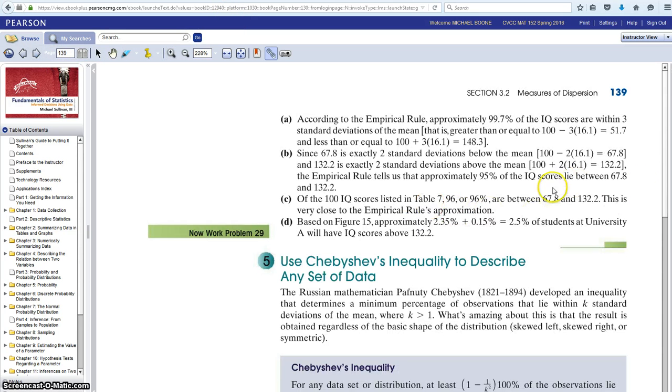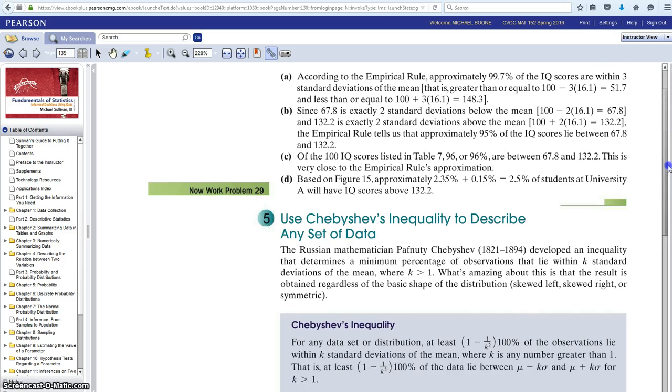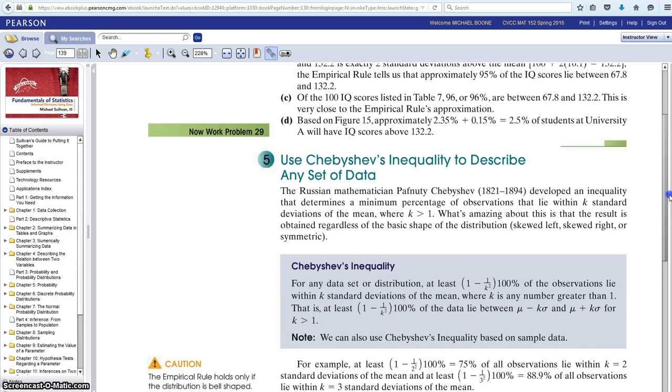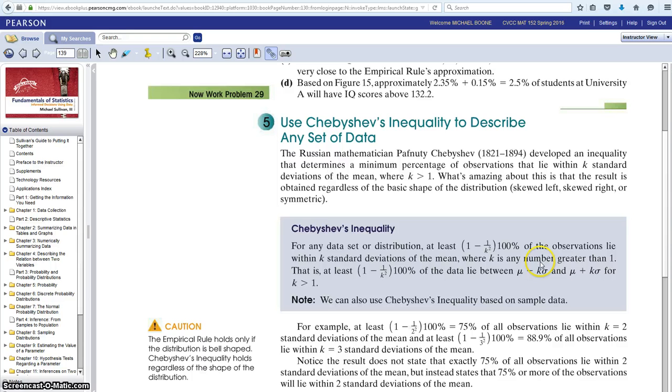We find out later that we can use a normal model for a lot of things, but if we do not have something that's symmetric, this will give us an idea. 1 minus 1 over k squared, where k is the number of standard deviations from the mean. So if we had any distribution and it was plus or minus 2 standard deviations, that means k would be 2.